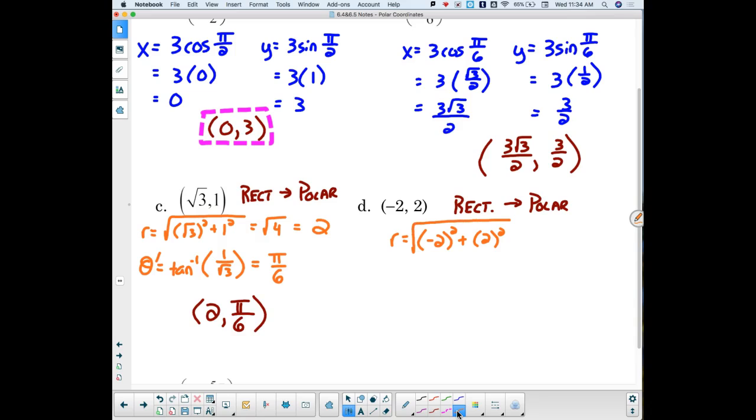That's going to be 4 plus 4, which is 8. Square root of 8 is 2 square roots of 2. Theta prime, my reference angle, would be the inverse tangent of 2 divided by 2. So that's the inverse tangent of 1, which is how many degrees or radians? I don't care which one. Pi over 4 or 45 degrees.